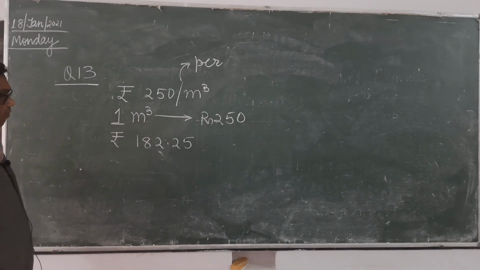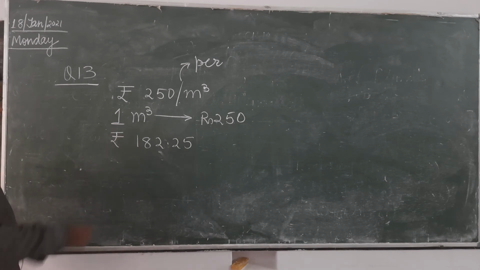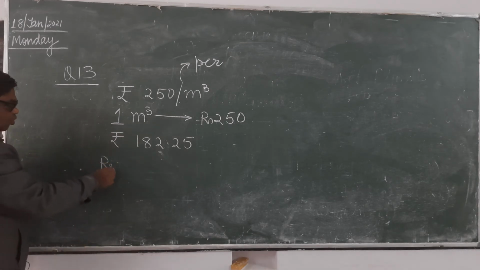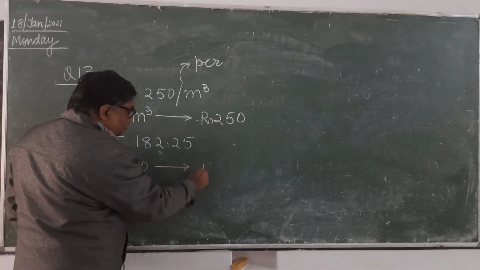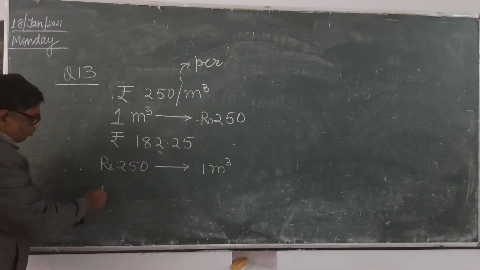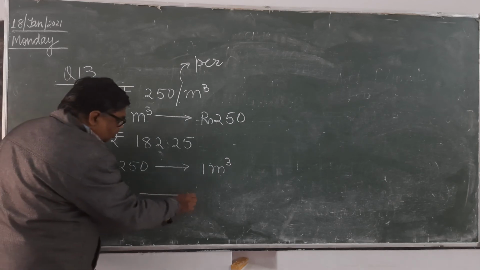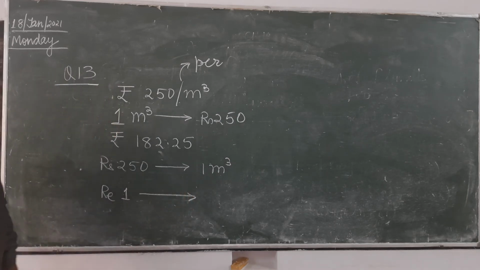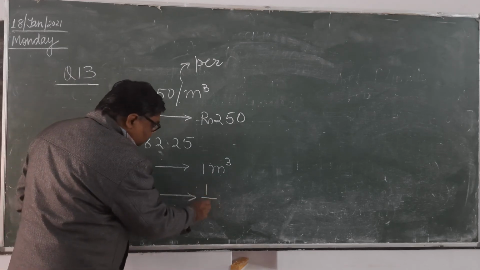So see here, how will you find its volume? So you can see here, rupees 250 is the cost of 1 meter cube. Therefore rupees 1 is the cost of how much volume? 1 upon 250. It is simple arithmetic.